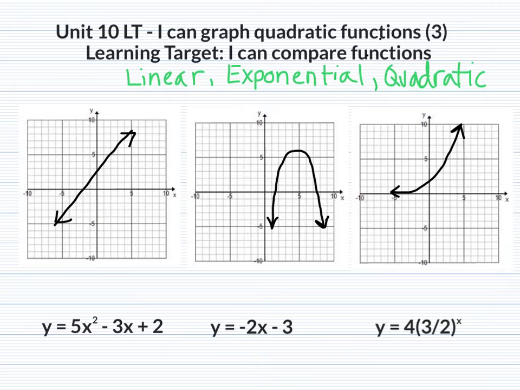Hopefully, looking at these three graphs here, 1, 2, 3, and these three equations, you can identify which is which. So the first part of the learning target just has you say which one is exponential, which one's quadratic, and which one's linear. So feel free to do that on this problem. Let's check it in class.